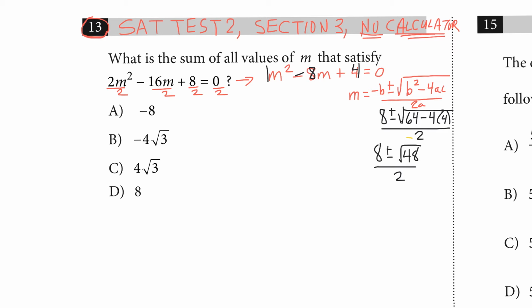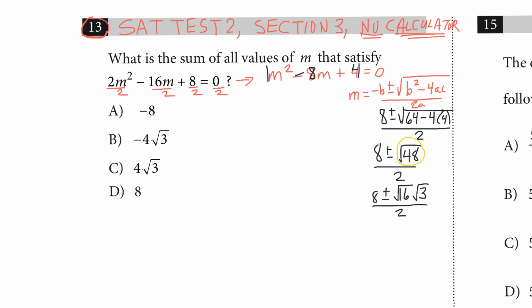It has different factors, but 16 is the largest perfect square that's a factor there. So I'm going to factor 48 as 16 times 3, with the plus or minus and the 8, all divided by 2.